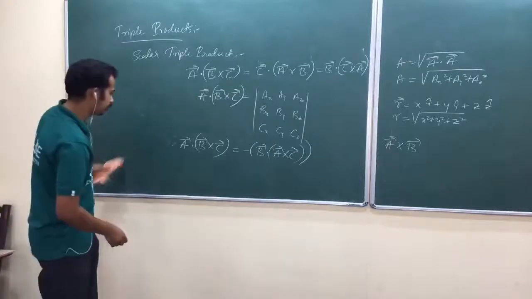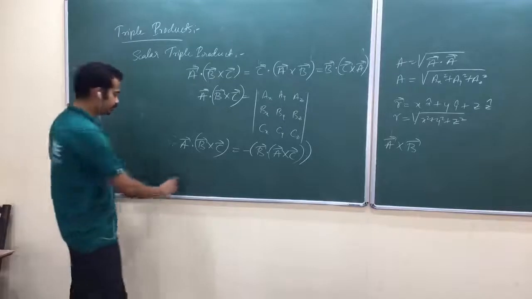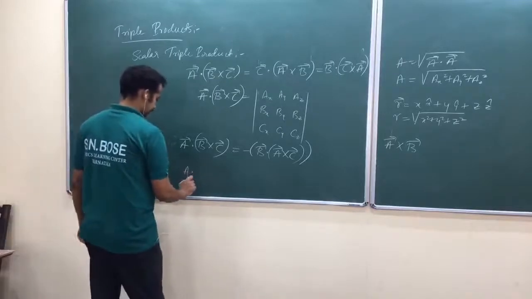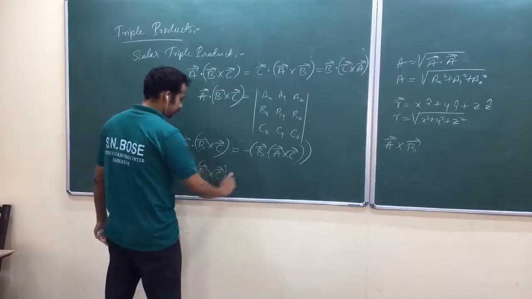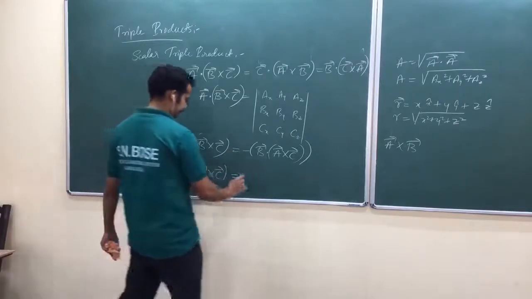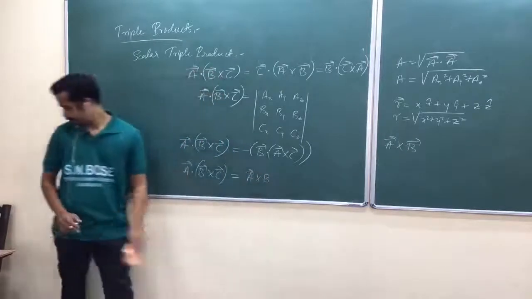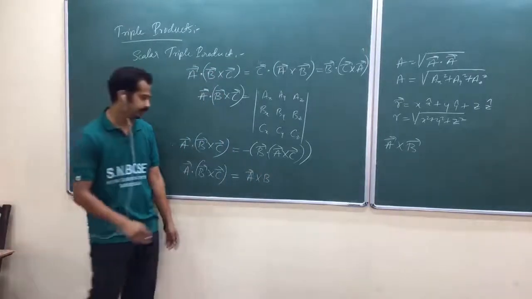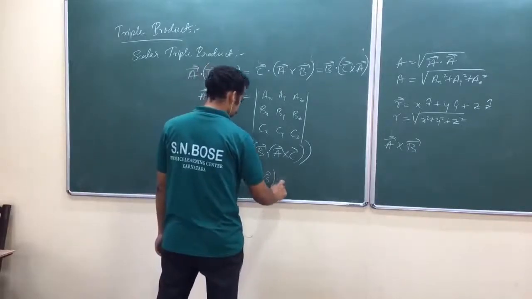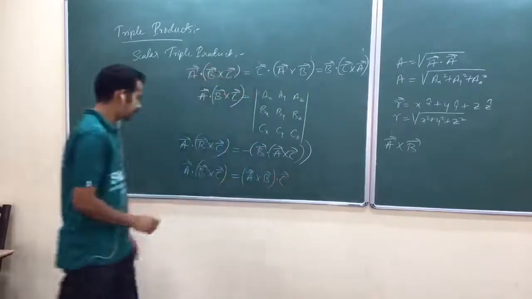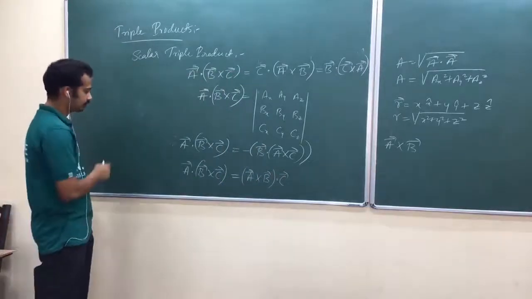Again, he's writing one more property, very strange. A dot B cross A, am I right? We can interchange that cross product and dot product. A cross B, don't write A cross B dot C cross A, okay?